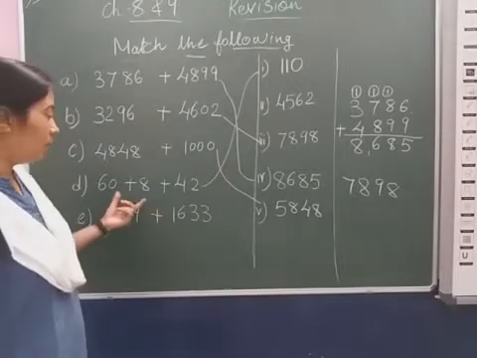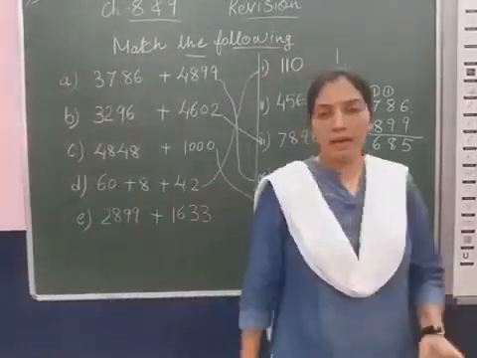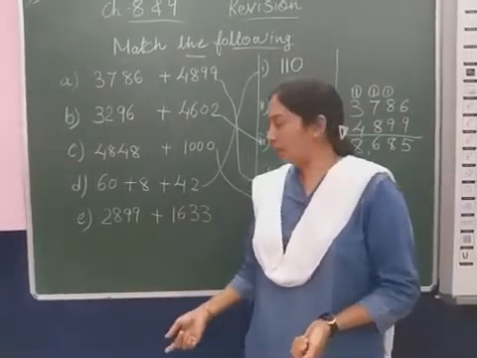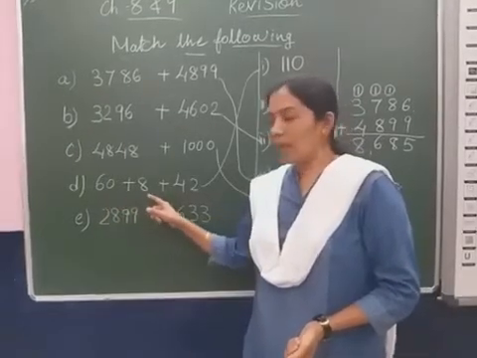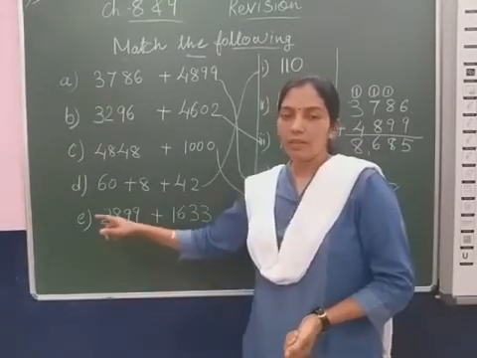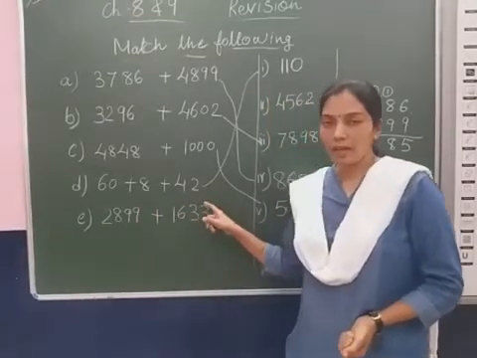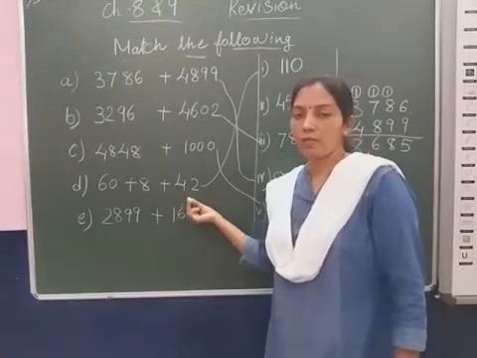Again I will repeat. This is addition by the simple way, when we expand the greater number. If 68 is given, then 60 plus 8 plus 42. This is the addend here, 42. Now we add 48 plus 42.